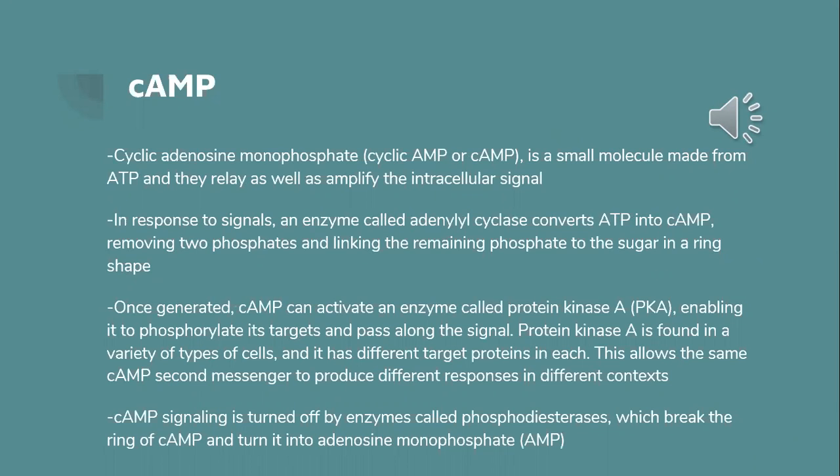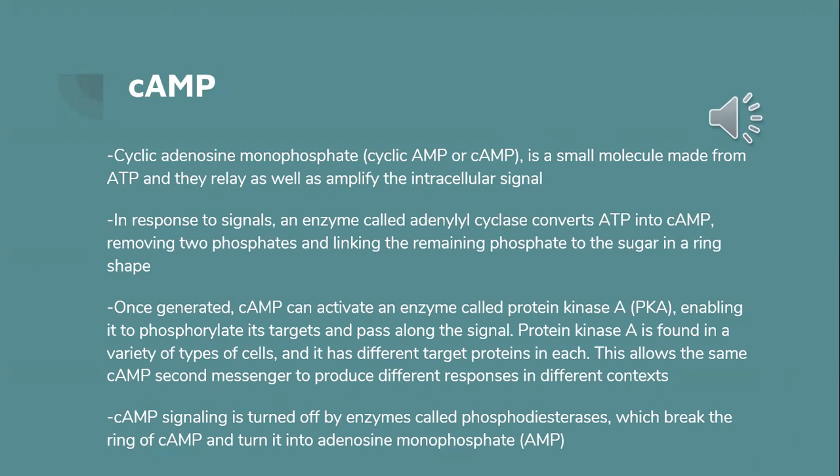Cyclic adenosine monophosphate, cyclic AMP or cAMP, is a small molecule made from ATP, and it relays as well as amplifies the intracellular signal in response to signals. An enzyme called adenylyl cyclase converts ATP into cAMP, removing two phosphates and linking the remaining phosphate to the sugar in a ring shape. Once generated, cAMP can activate an enzyme called protein kinase A, PKA, enabling it to phosphorylate its targets and pass along the signal.